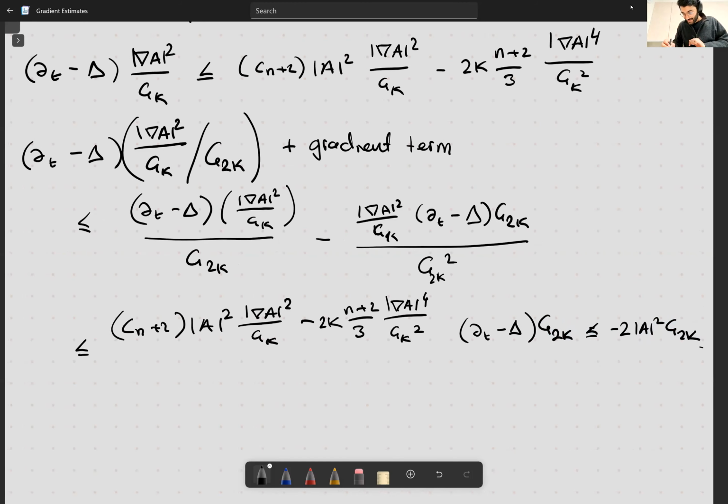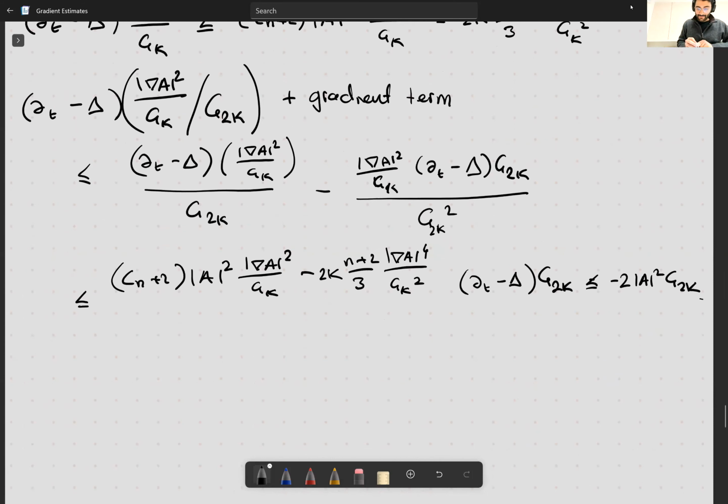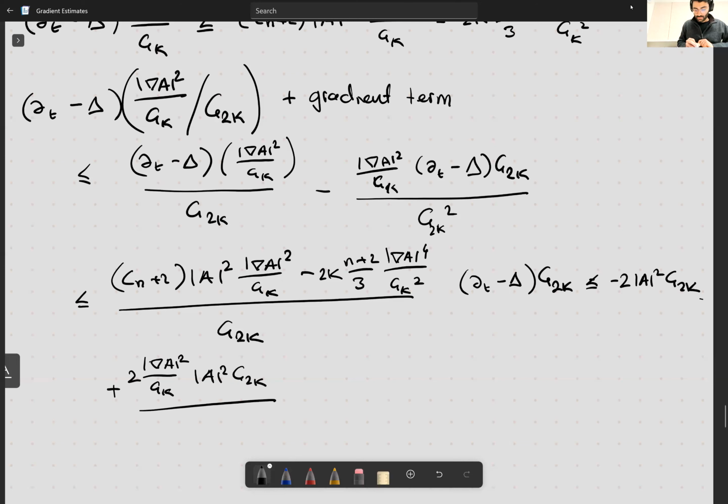It's a bit hard to select in this thing. Okay, forget it. I'll just leave it there. Over G2K minus, so then I get a plus nabla A squared on GK to norm A G2K on G2K squared.